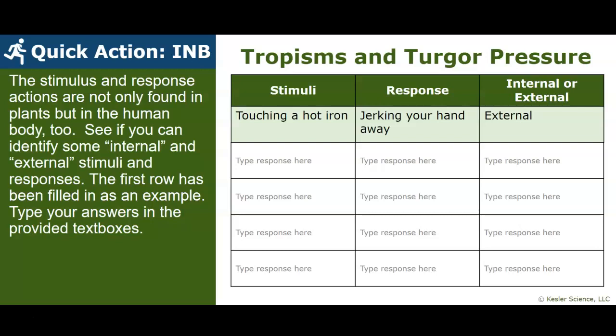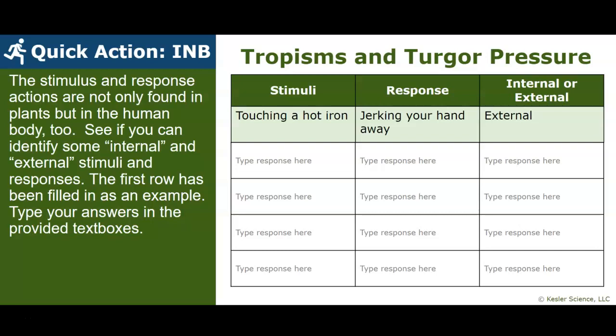So there's stimulus and response not only in plants but also in humans. So you are going to come up with 4 different types of responses: stimuli, responses, and internal, external. For example, in the top line, the stimulus is you touch the hot iron. The response is you jerk your hand away. Is that internal or external? Well, that's external because you're touching something.